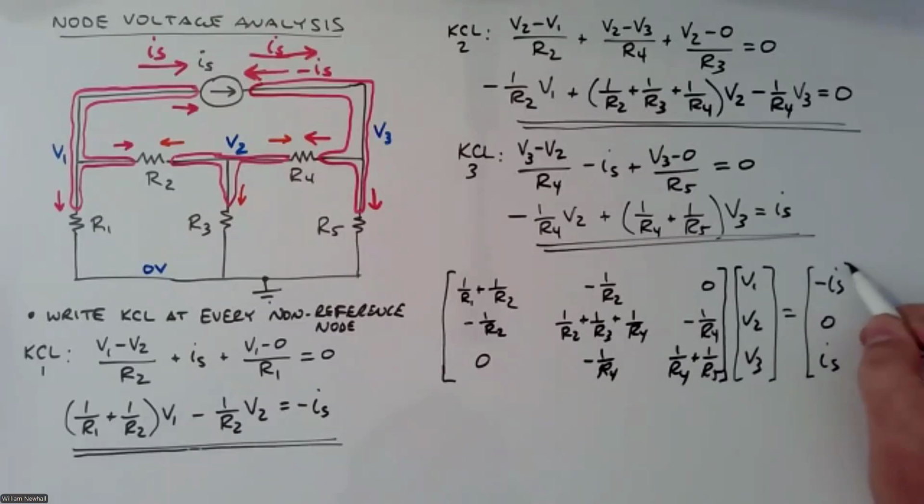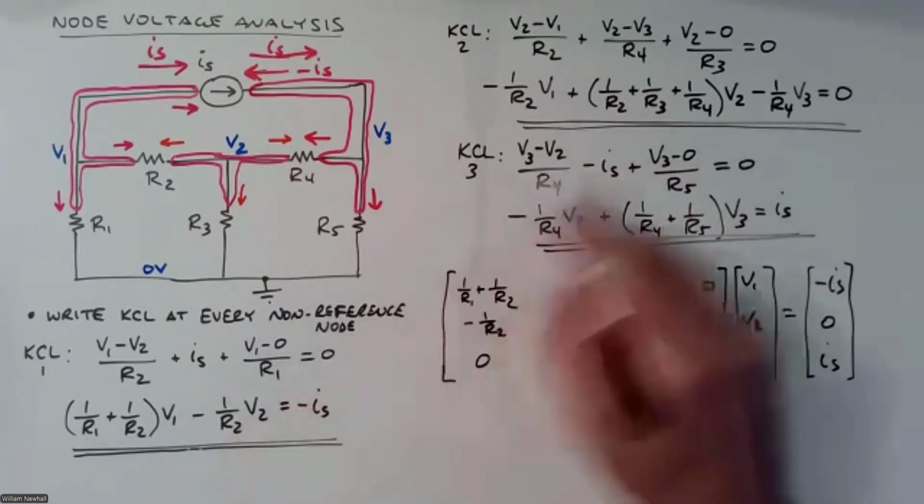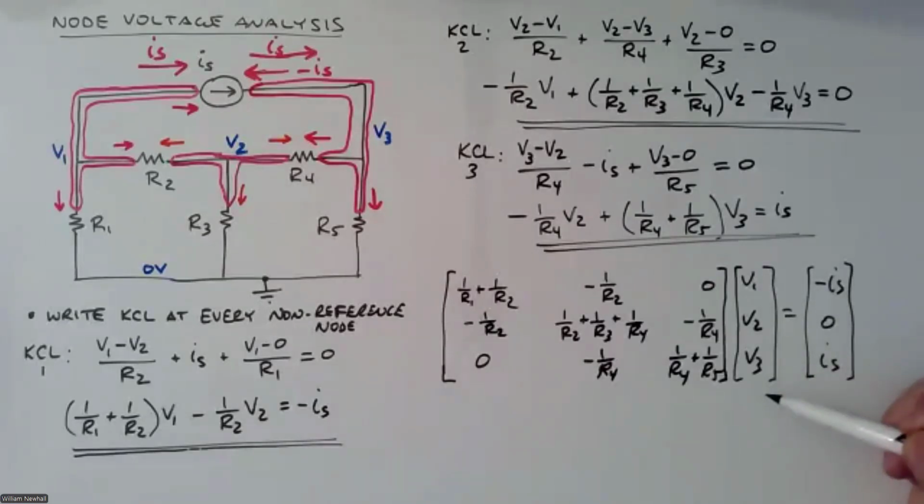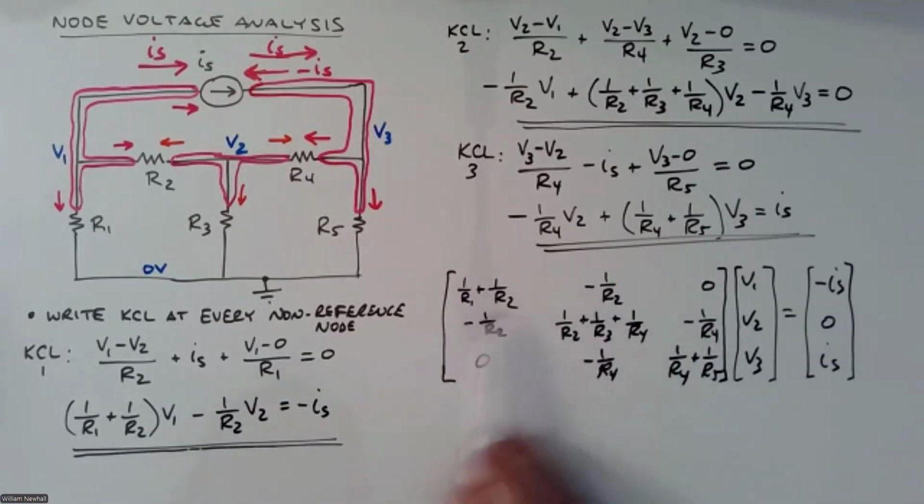So this is why I formatted those equations in this way, so I could have this matrix of coefficients times V1, V2, V3 equals, these are numbers. So in this matrix, we know all the R values. This is just a 3 by 3 matrix of numbers times the variables I'm looking for equals, and these are just numbers, right? You know what IS is.